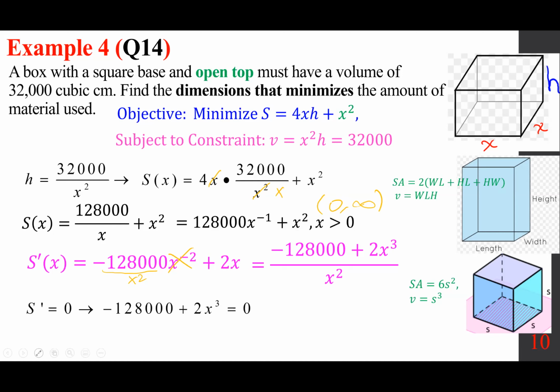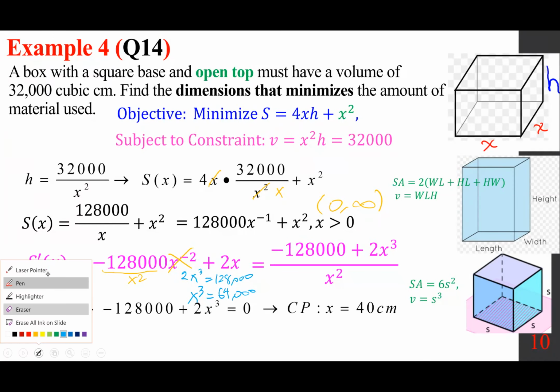When we do that, we get 2X cubed equals 128,000. X cubed is 64,000. And when you take a cube root, you get 40, and the units are centimeters.